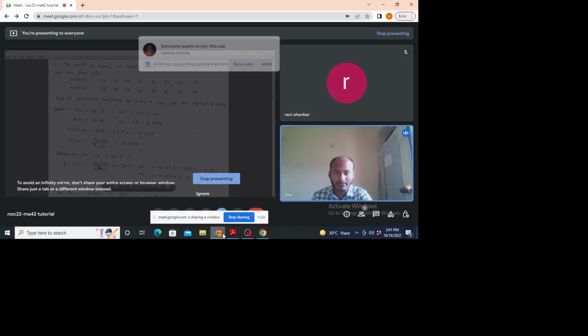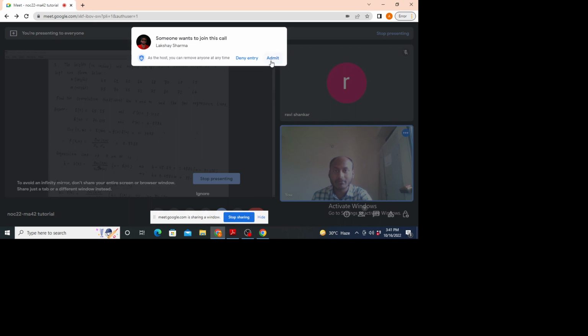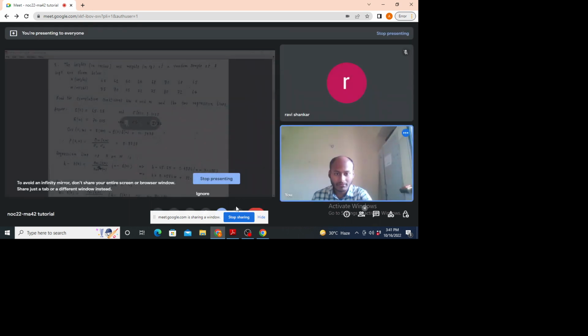But instead of finding the complicated equation of the curve, we approximate the curve by a straight line such that the errors are minimum.